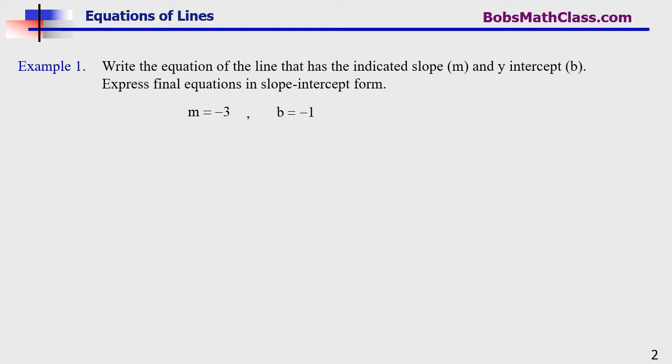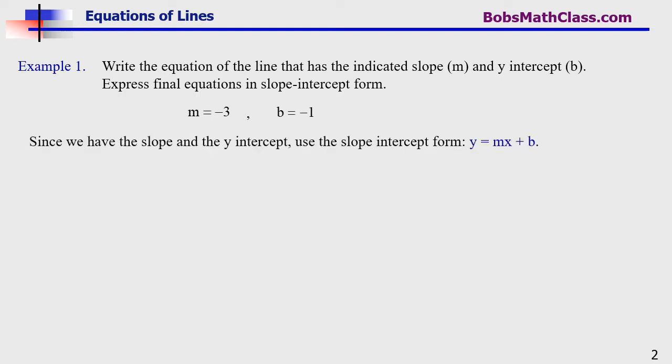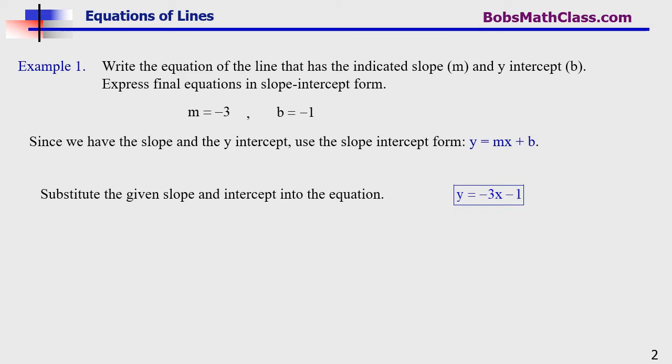It says express the final equation in slope-intercept form. So y equals mx plus b. All you need to do is replace the m with -3 and the b with -1. And you're all done. Y equals -3x minus 1.